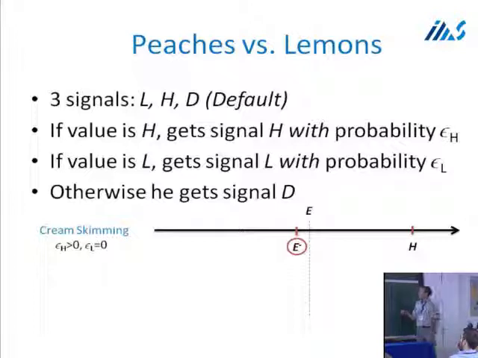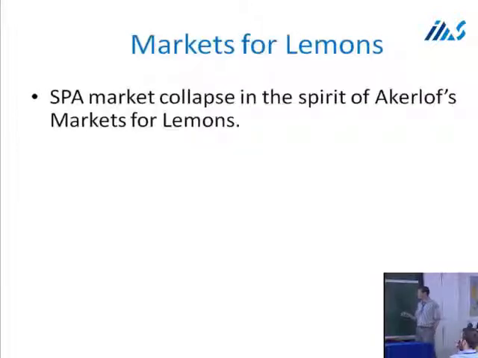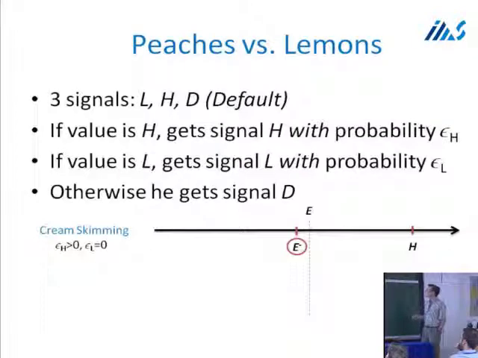When he doesn't see a peach, he sees a default signal, and then he should compute what is my expected value given the fact that I didn't see a peach. So he will update his posterior belief about the value of the impression, and figure out that it's actually a little bit less than the unconditional expectation, and he'll bid that. And the uninformed, as we've seen before, because of this tremble, should bid E minus, and the revenue is going to be E minus.